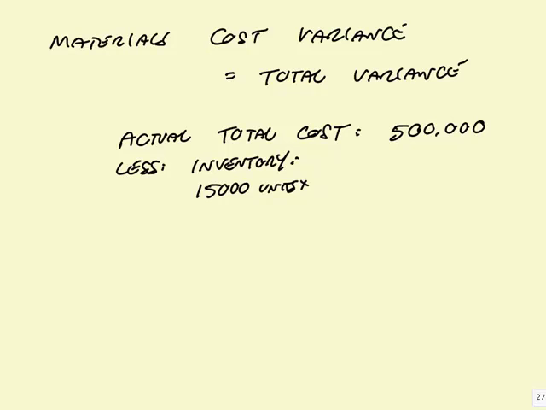In management accounting, you always value your inventory at standard cost. And so, sorry, it's not 15,000 units, it's 15,000 kilos, I do beg your pardon. What's the standard cost per kilo? $4. And so, the inventory would be valued at 60,000.